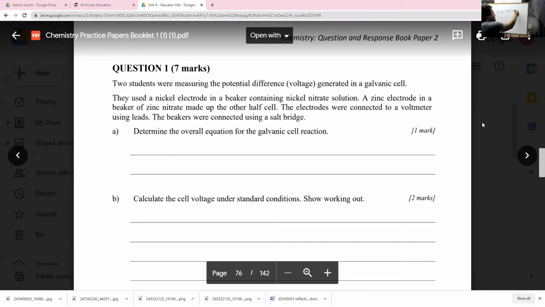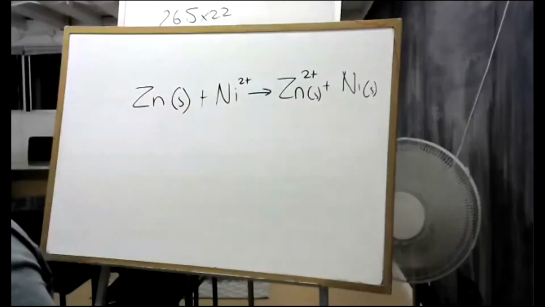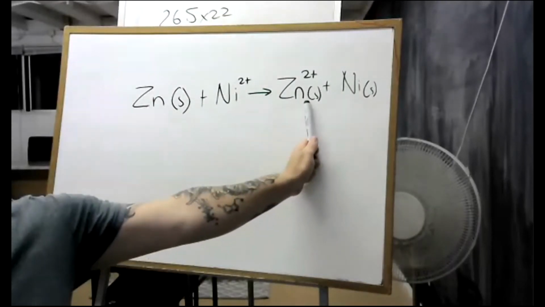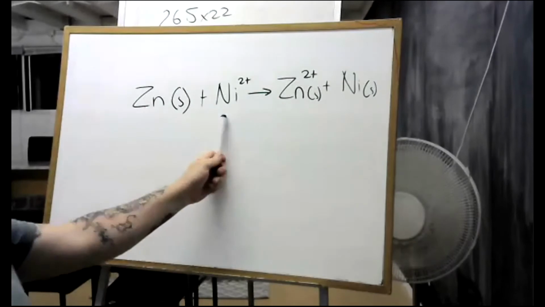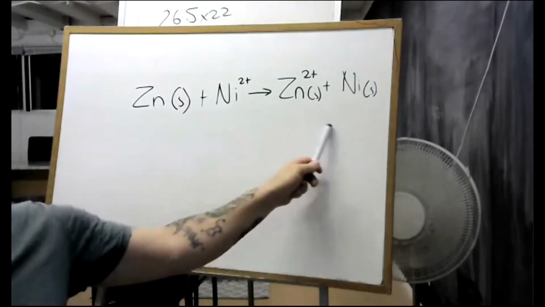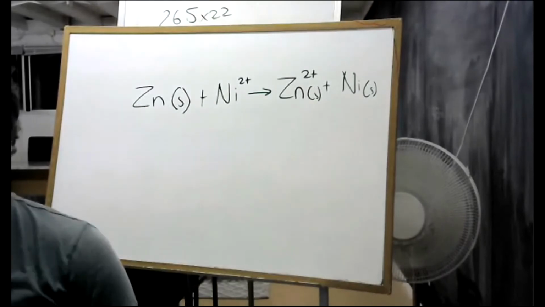So zinc becomes Zn2+, and nickel becomes just nickel when it's reduced. I don't know if you can see on the board. So we start with zinc, it becomes zinc 2+, Ni2+ is reduced to Ni.